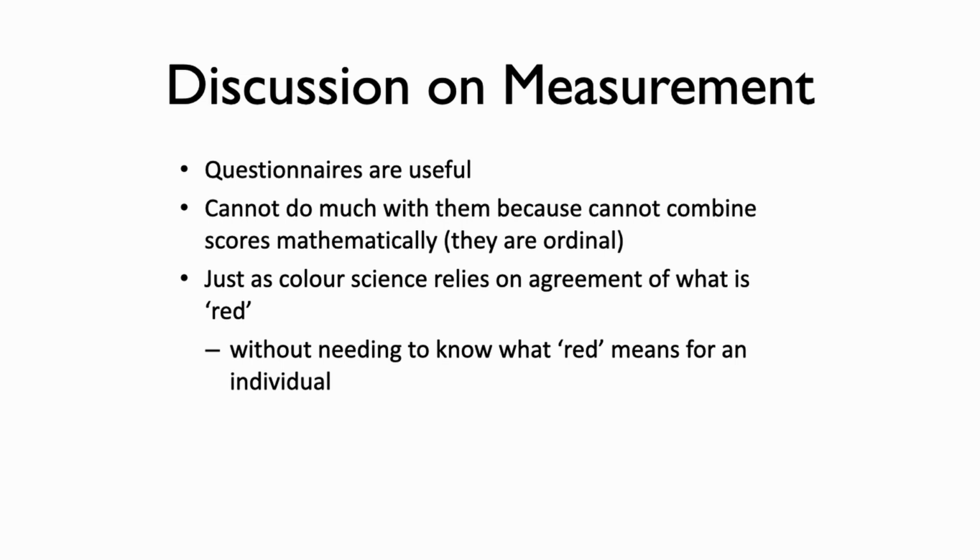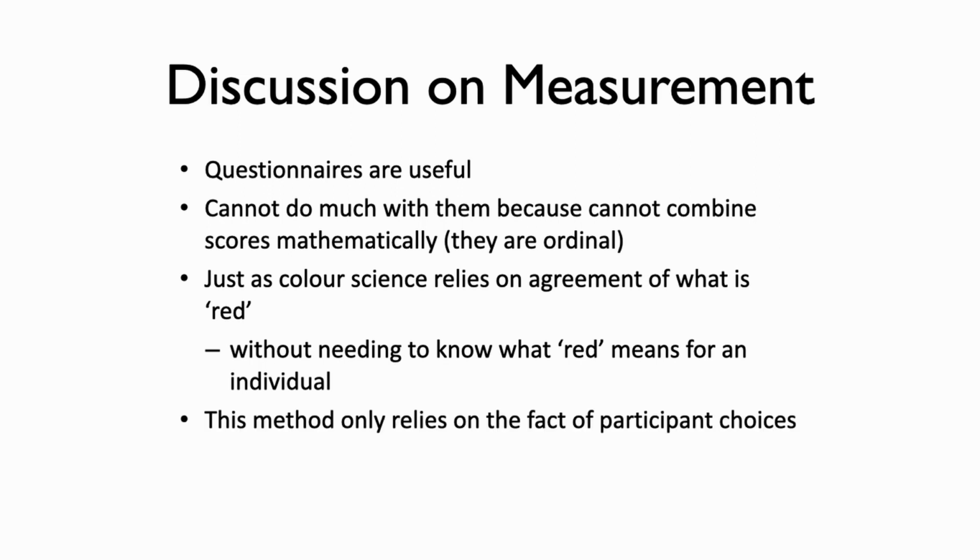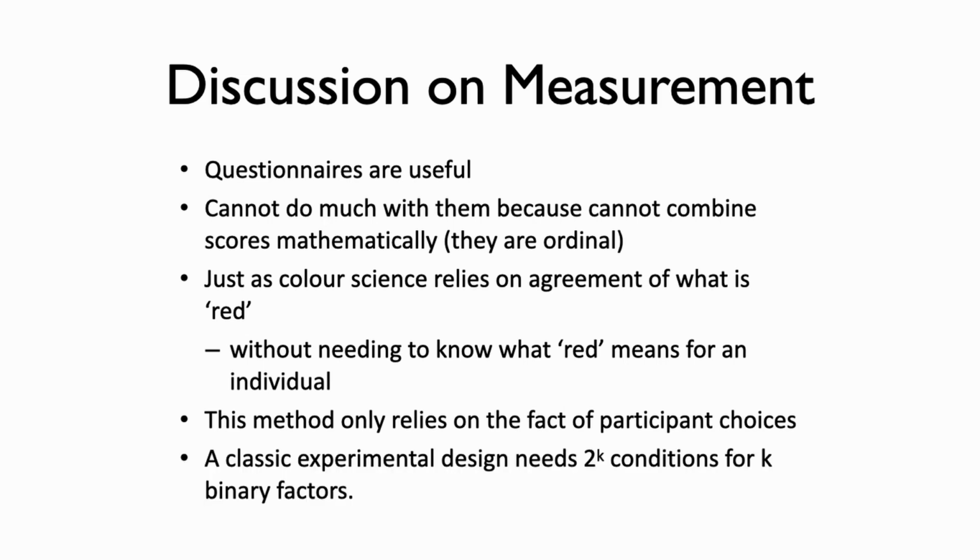We never ask people, how red does this seem to you? We only ask them to judge, does this match the other color? So our method here relies only on the fact of participant choices, their transitions, and only on the fact that, okay, we've reached a stage that we're happy with.